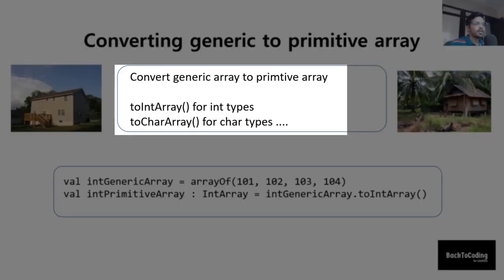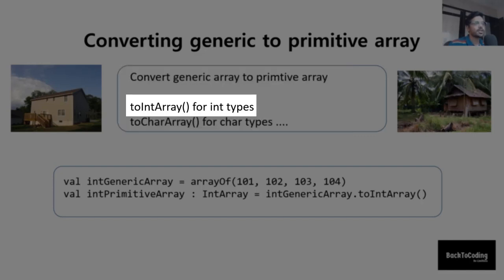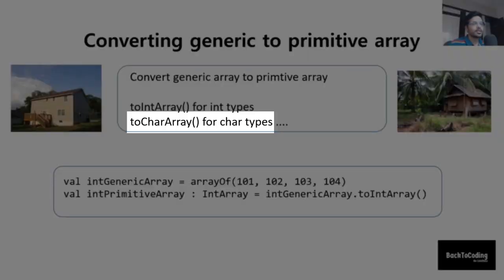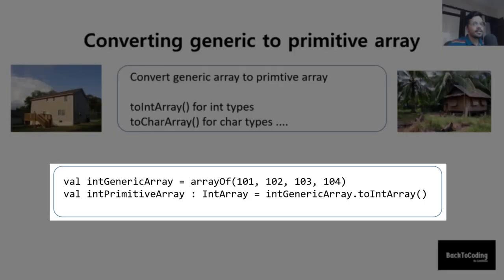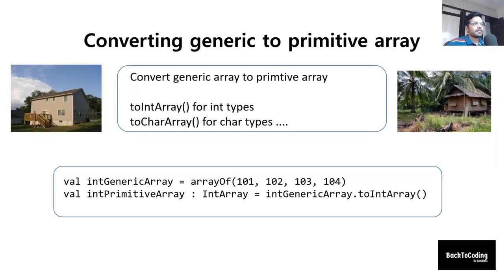We can also convert a generic array to an array of primitive types using methods like toIntArray for int types, toCharArray for char types, and so on. This is how it's done. Let's see it practically.